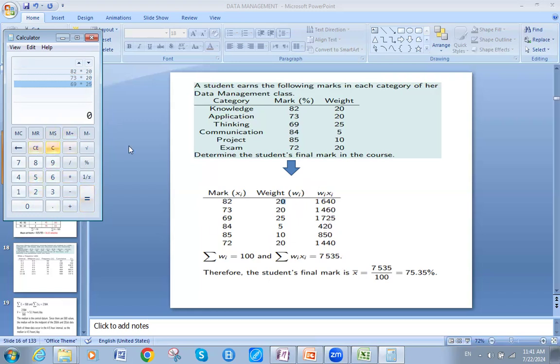So now when I have all of them, the marks multiplied by the weight for each mark, I will get the total.